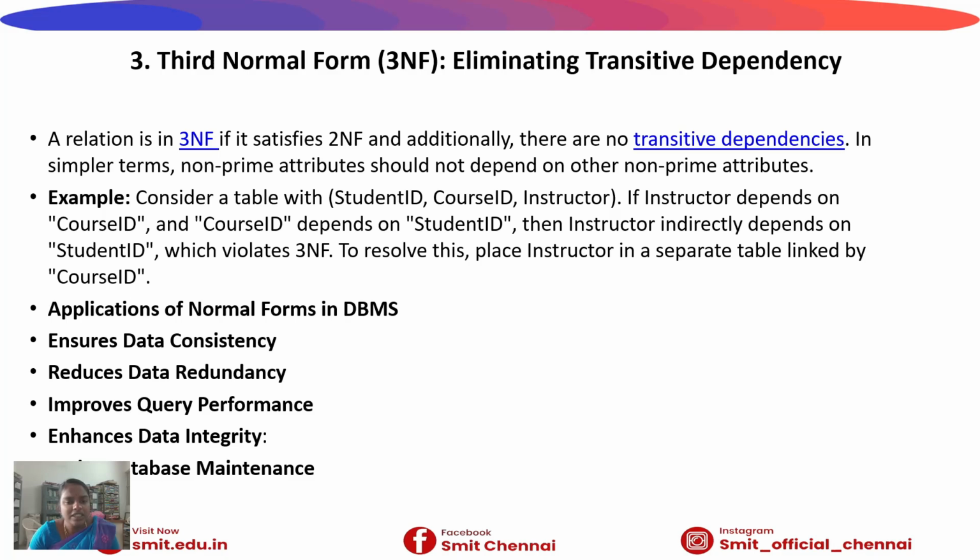The relation needs to satisfy second normal form first, and then has an additional condition: there are no transitive dependencies. In simple terms, we can say non-prime attributes should not depend on other non-prime attributes. For example, if a table has student ID, course ID, instructor, and instructor depends on course ID and course ID depends on student ID, instructor indirectly depends on student ID, which violates third normal form. To resolve this, place instructor in a separate table linked with the course ID.